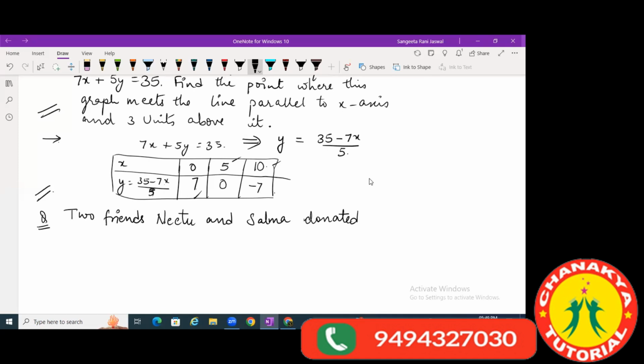Two friends, Neetu and Salma, donated a sum of rupees 5,000 in PM flood relief. Okay. PM is Prime Minister Flood Relief Fund.